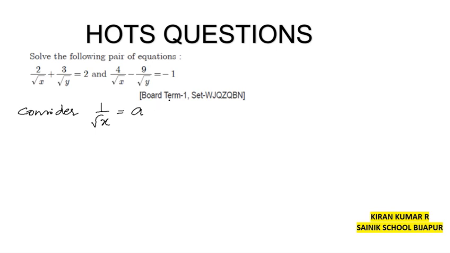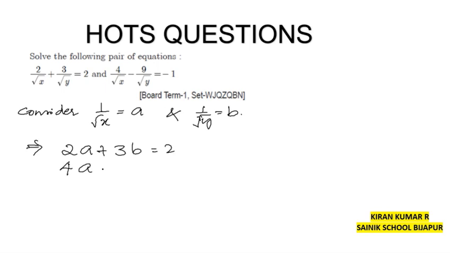Let me take this as a, and 1 upon root y I'll take it as b. Therefore, the equation would change to 2a plus 3b equal to 2, 4a minus 9b equal to minus 1. These two equations, now it's easy to solve.